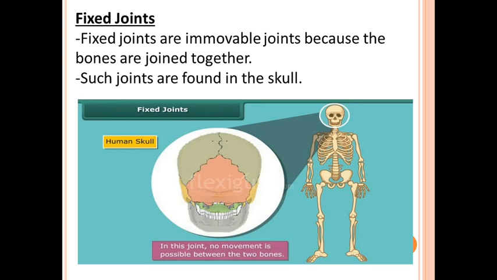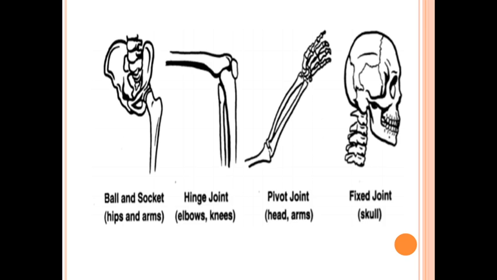We have learned two types of joints, movable and immovable. Movable means which kind of joints? That is ball and socket, hinge and pivotal joints. And immovable is the fixed joint. Understood? Now you have to write a short note on each and every joint.